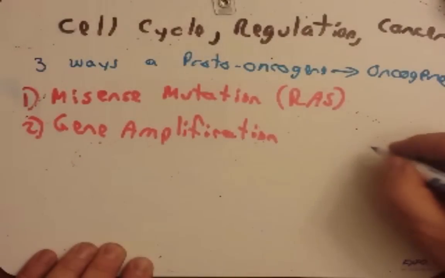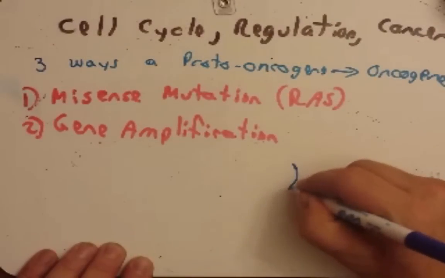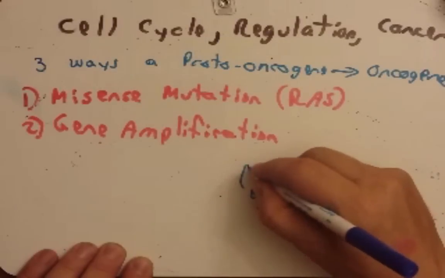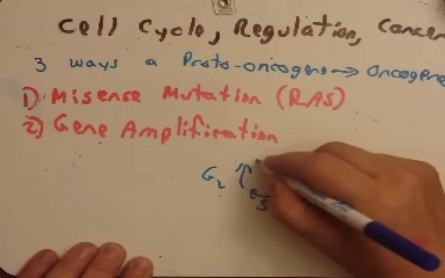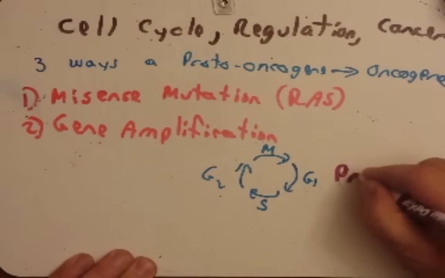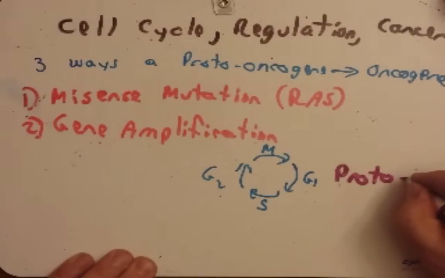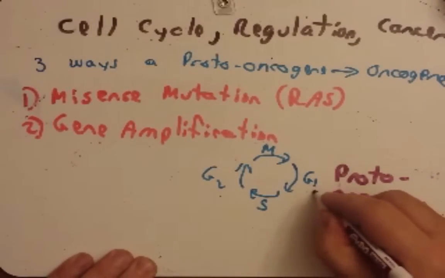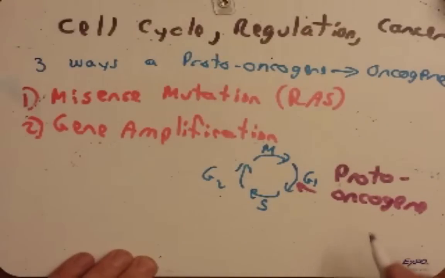So if we draw our cell cycle here, where we have G1, S, G2, and then M. Let's say there is a proto-oncogene that functions right here at the G1/S checkpoint. However, in its single copy, it's regulated.